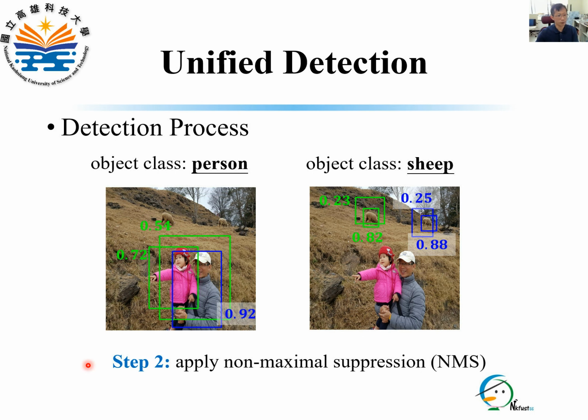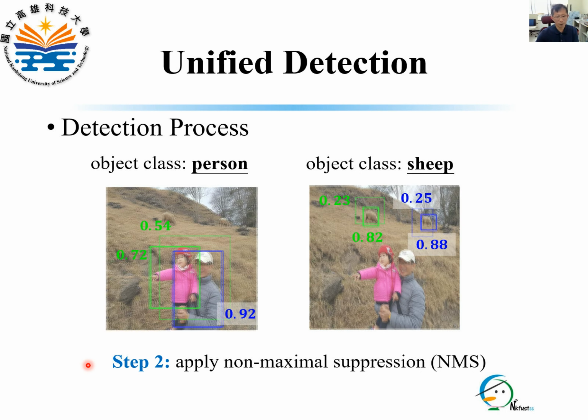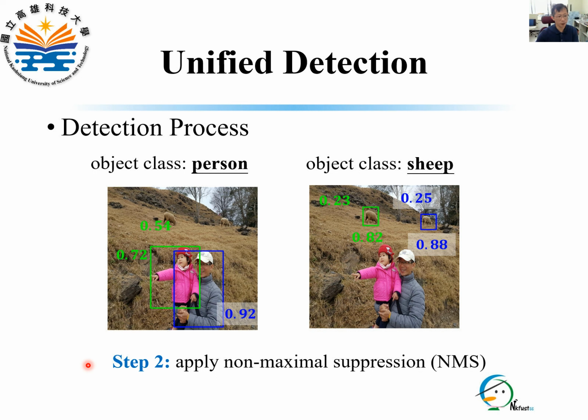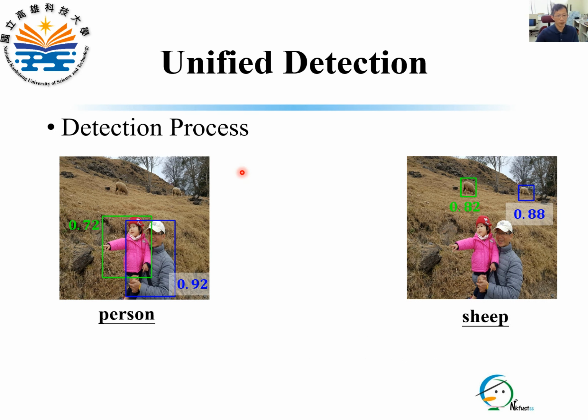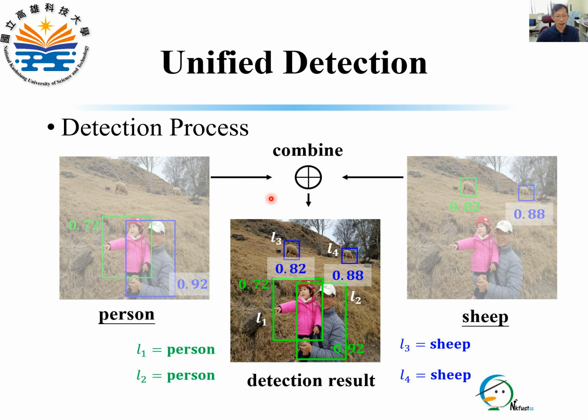During step 2, we apply non-maximal suppression to obtain the detection results for person and ship respectively. Having detection results for different object classes, we then combine them into the final detection results. In this example, we detect 4 objects, 2 persons and 2 ships.